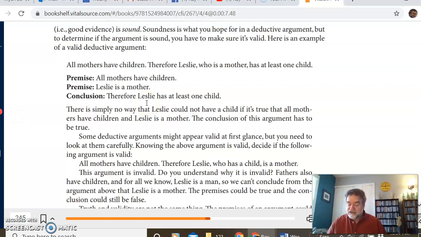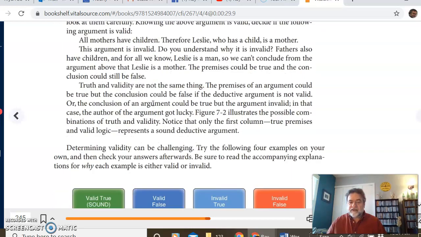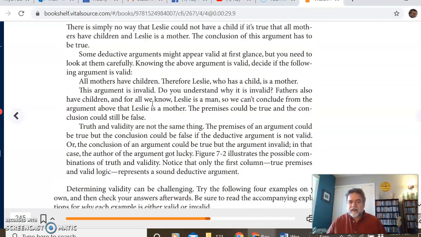It's not a generalization that Leslie has at least one child. Now, that's all good, but the problem is you can use this and come up with one answer and still be wrong. For example, here's another syllogism. That's what these are called in deduction. A syllogism is a little mini argument where we have evidence and a conclusion.